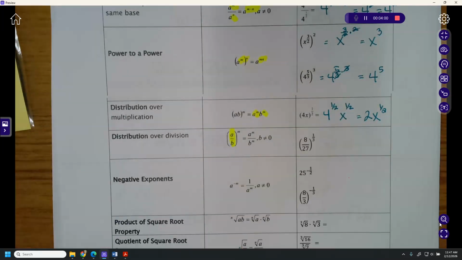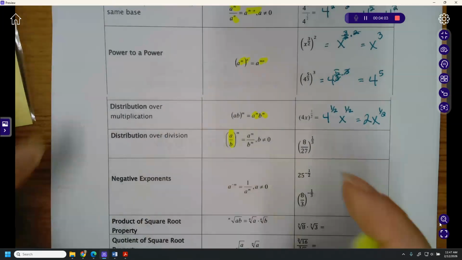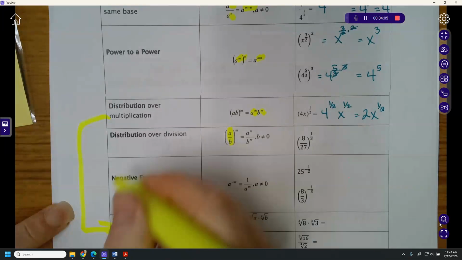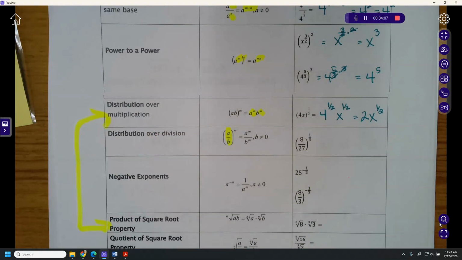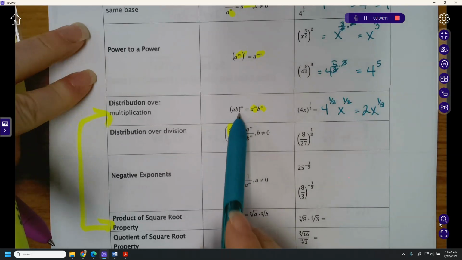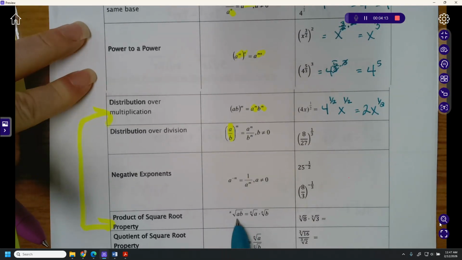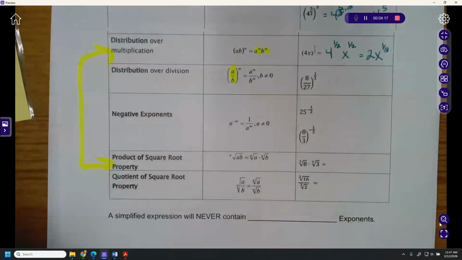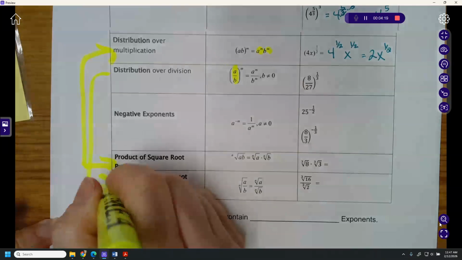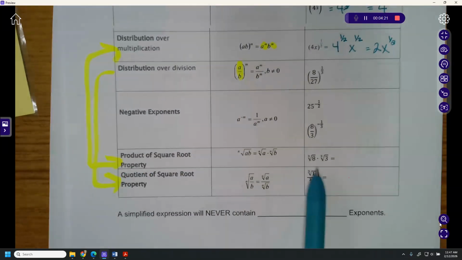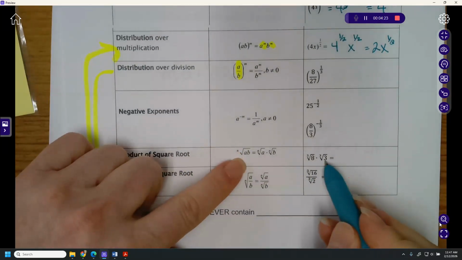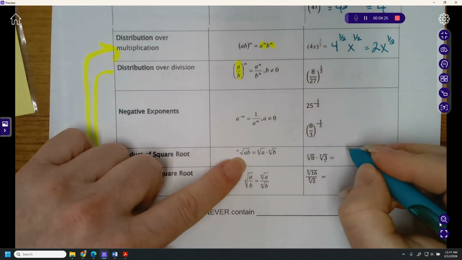So division. By the way, these two go together. The point is if a root is really an exponent, that root applies to both of those things. Same with division. These two go hand in hand. In fact, let's hop down here. So if I had these two, I could put them together.